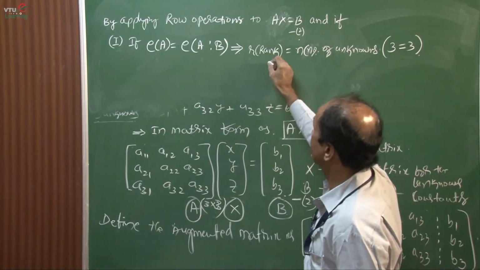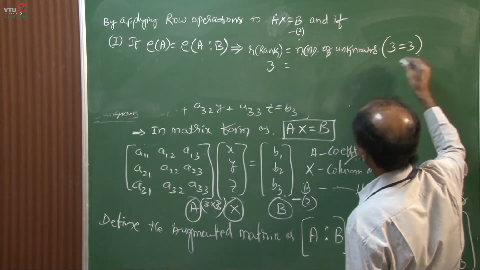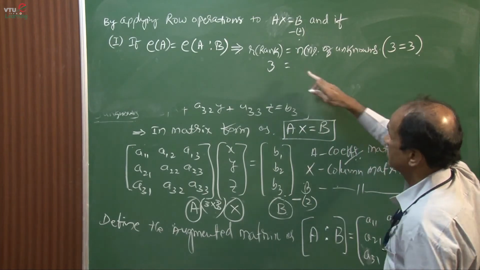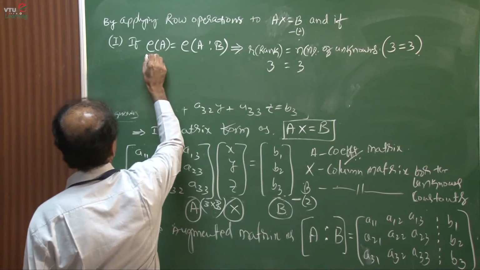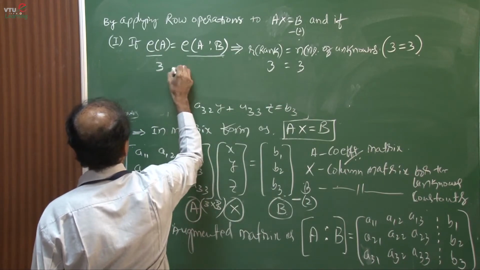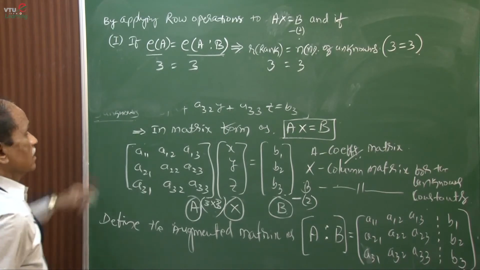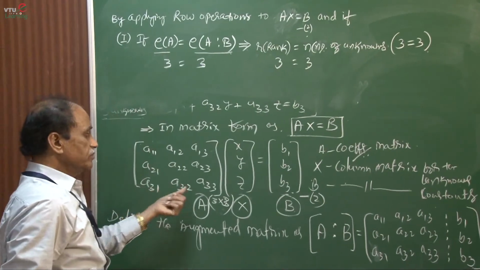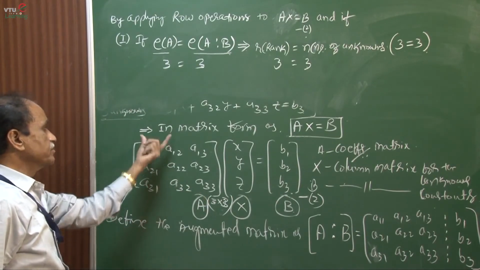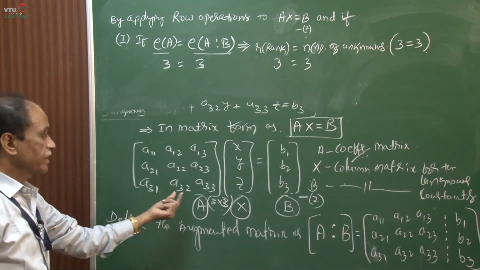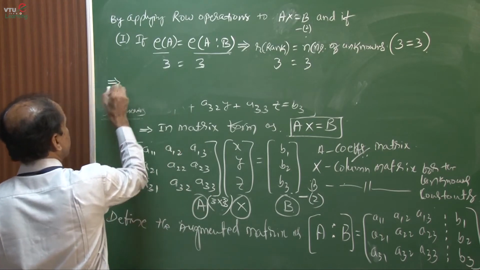That means rank of A is equal to 3 and the number of unknowns is N, so 3 is equal to 3. Coefficient matrix rank equal to 3 means A33 is not equal to 0, that is all. That means these two elements by row operations we make 0, but the third element will not be equal to 0.